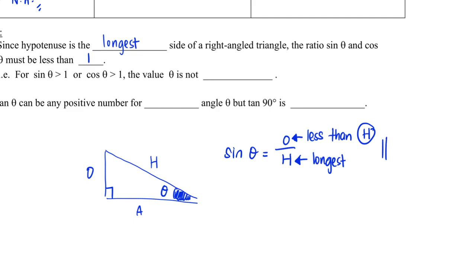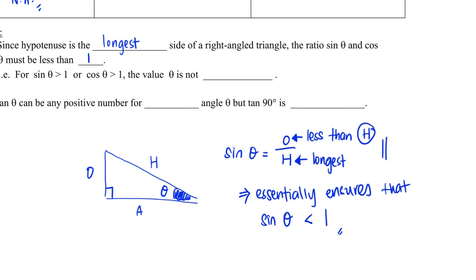So when you have a smaller number divided by a bigger number, we will never get a number greater than 1. This ensures that the sine ratio is always less than 1.